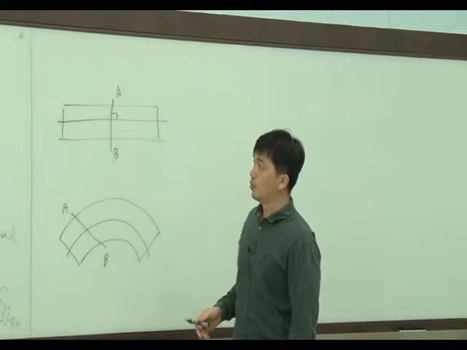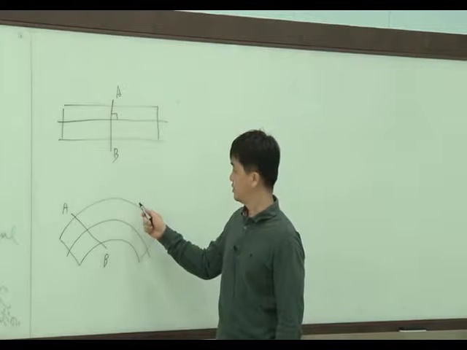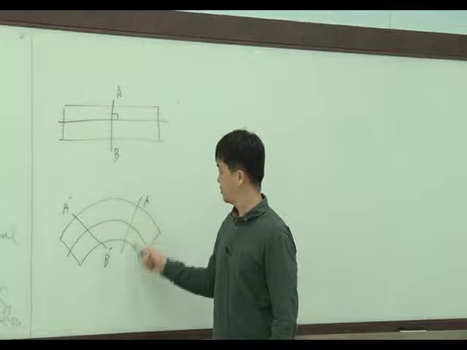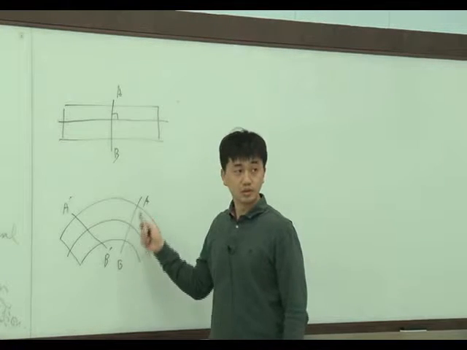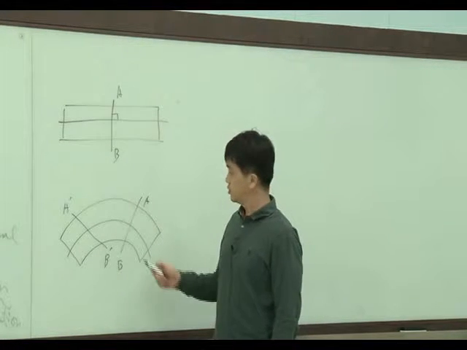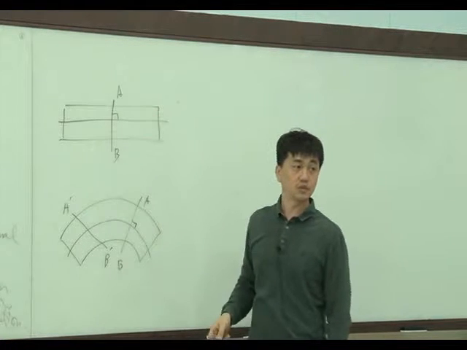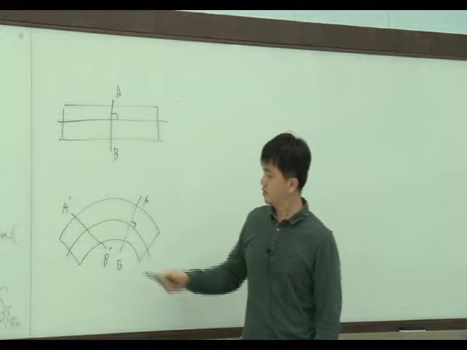But in Euler beam theory, the assumption is like this: this new line A, B should be normal to the midline.